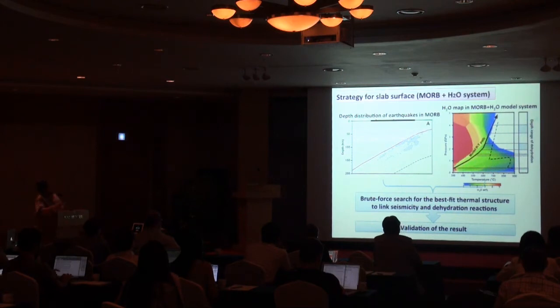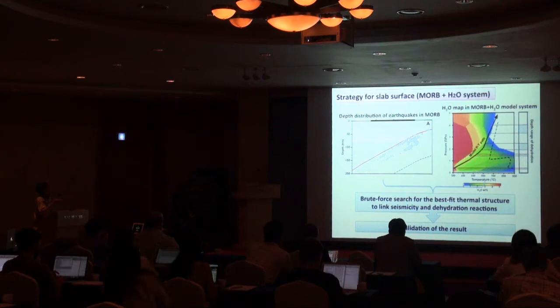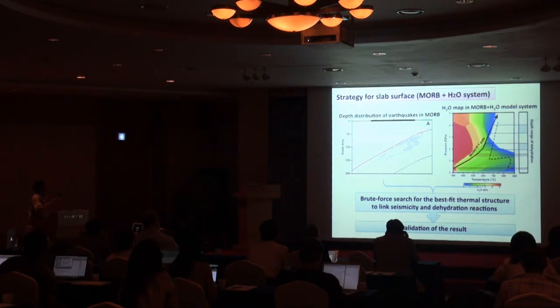Okay, so next, that's my strategy for estimating the slab surface temperature. The method combines the depth distribution of earthquakes in the subducted slab and a phase diagram showing the water content in rock. Combining these two data sets, I employed a brute force search for the best fit thermal structure to link seismicity and dehydration reactions.